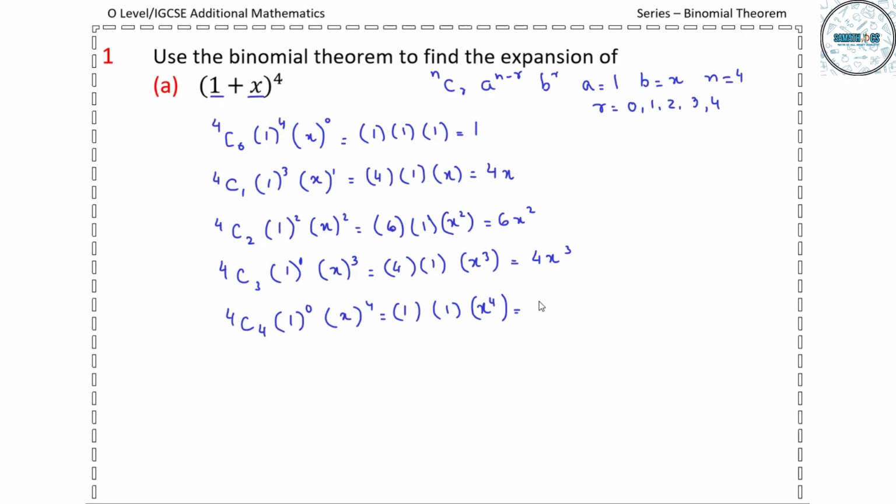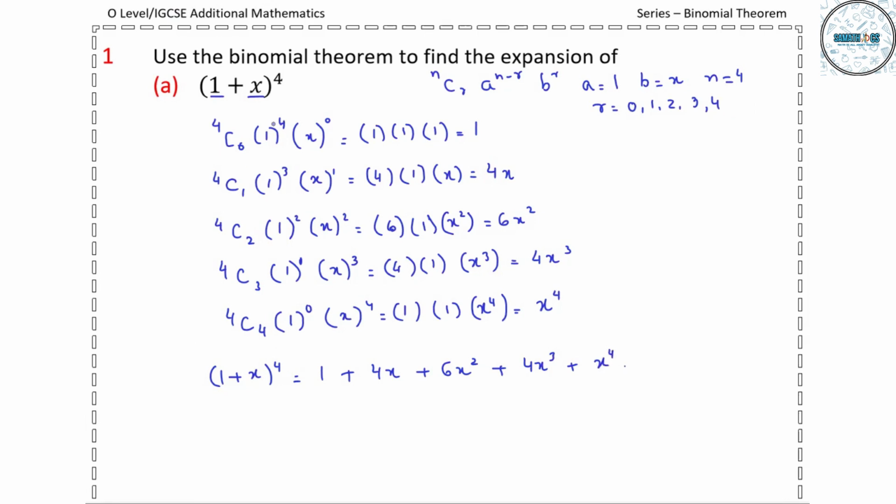So the fifth term or the last term is x power 4. It means (1 plus x) with power 4 is equal to 1 plus 4x plus 6x square plus 4x cube plus x power 4.